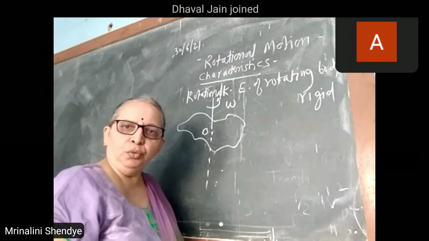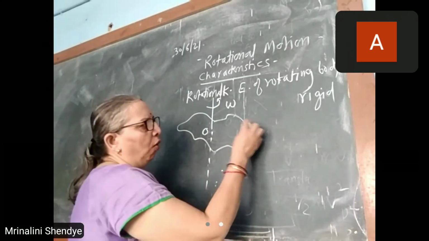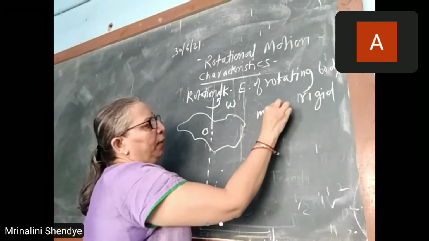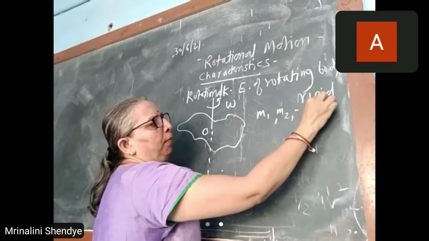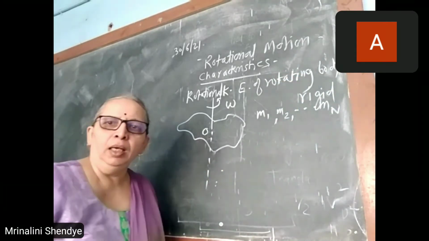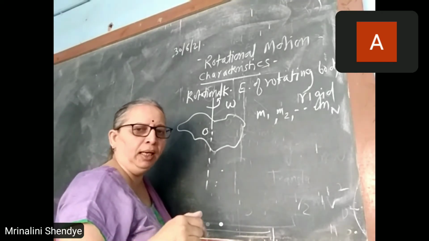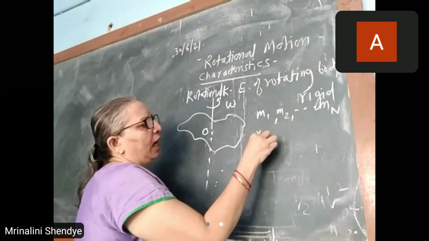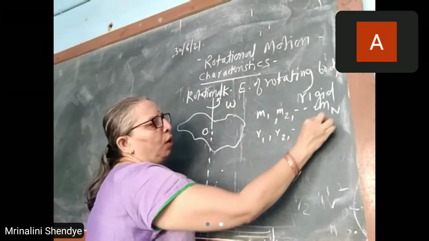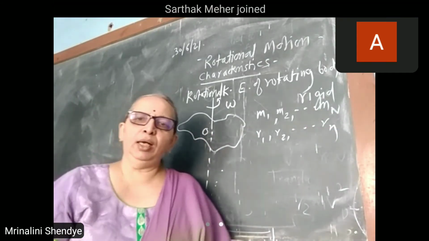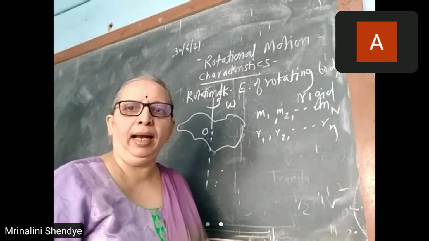We will assume the masses of n particles to be m1, m2 up to capital N. Let these particles be situated respectively at the distances r1, r2 up to rn from the axis of rotation. This is what we are assuming.